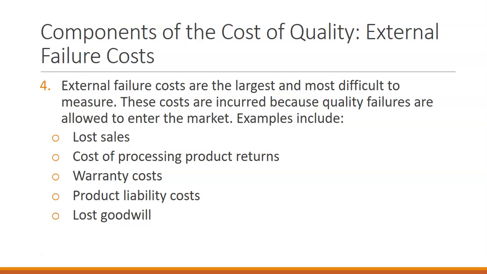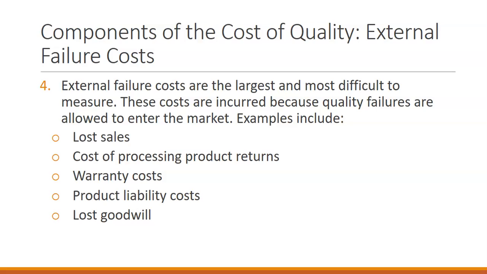External failure costs are the highest cost and the most difficult to measure. These are the costs that occur after our customer has already received our item. So this is what happens when our item breaks after it gets into the customer's hands for any various reasons.